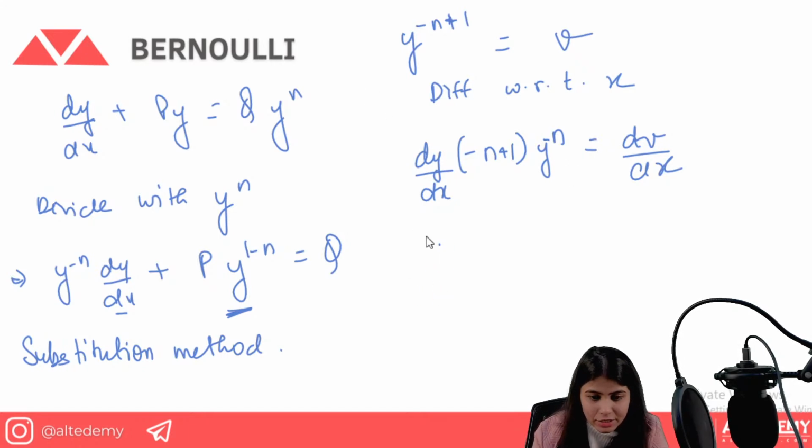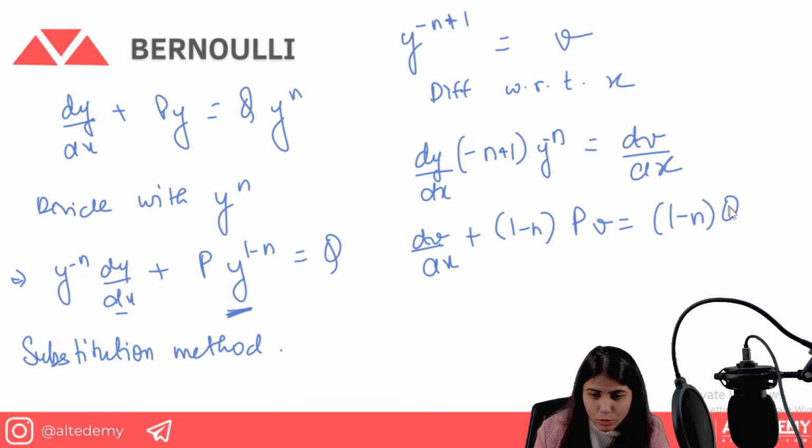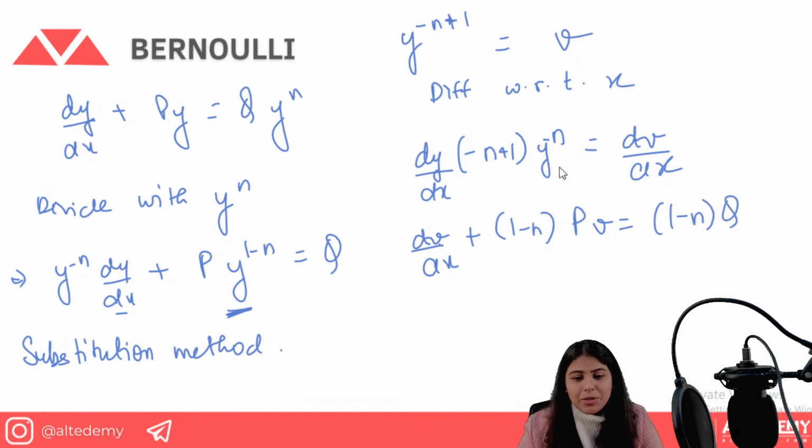So just taking it in the standard form, we have dv by dx plus 1 minus n p v is equals to 1 minus n q. What we did is, we just substituted this dy by dx value here.